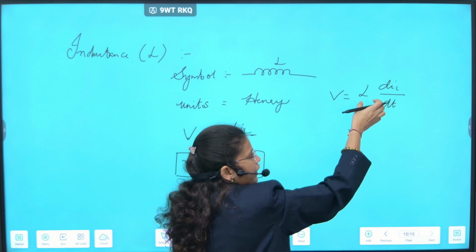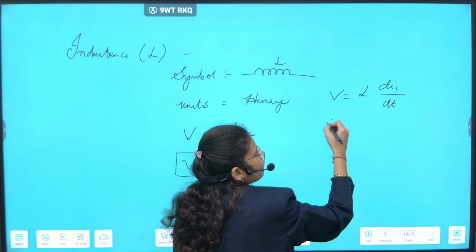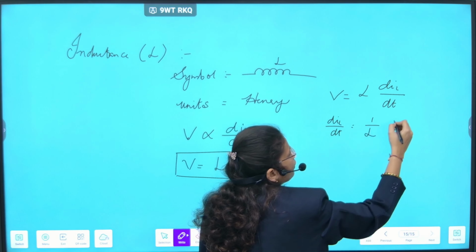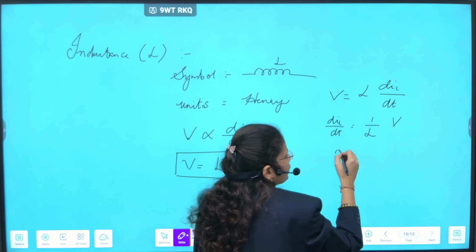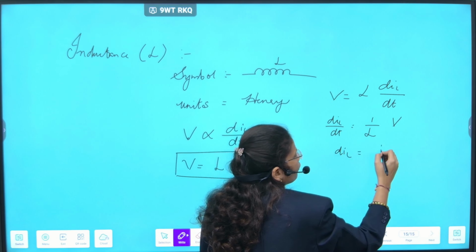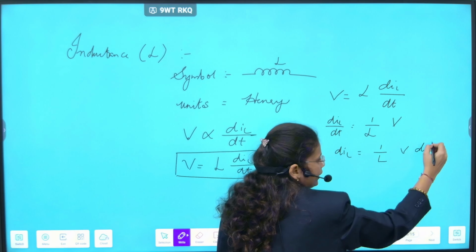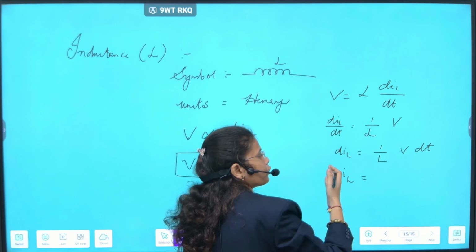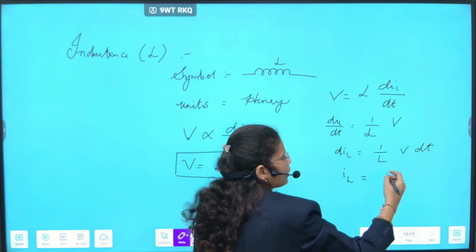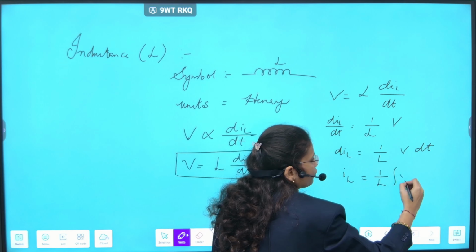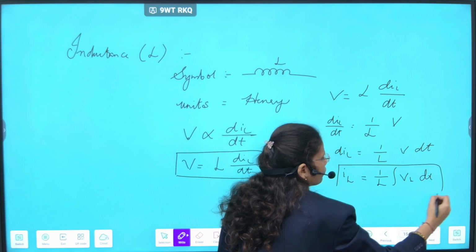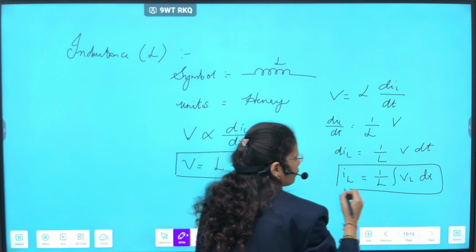The L is multiplying on this side; when it goes to the other side, it becomes division. 1 by L V. Next, dIL is equal to 1 by L V dt. Next, IL on this side is a differentiation; when it goes to the other side, it becomes integration. These are the current and voltage formulas for an inductor.